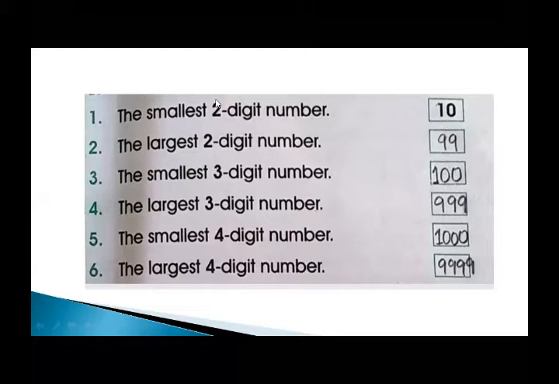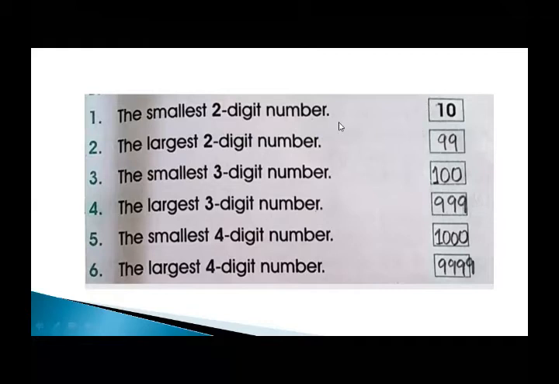So the largest 1-digit number is 9 and the smallest 2-digit number is 10. All you know that 9 comes before 10, so it's the largest 1-digit number. After 9 comes the first 2-digit number, that is 10. So the smallest 2-digit number is 10.